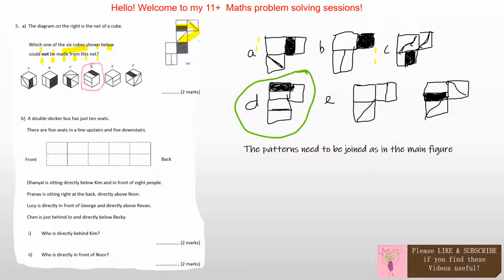Then D. I thought D was a bit different from the rest because D has this line. If you turn it upside down, then we have this line, and this, and then you had this. So I thought D was a bit different from the others because it's not linked.